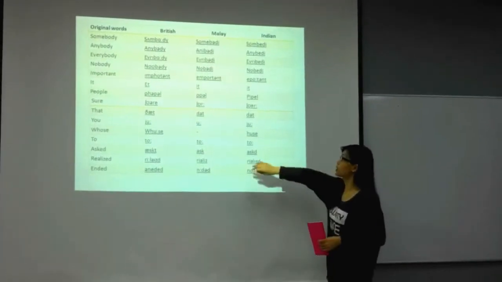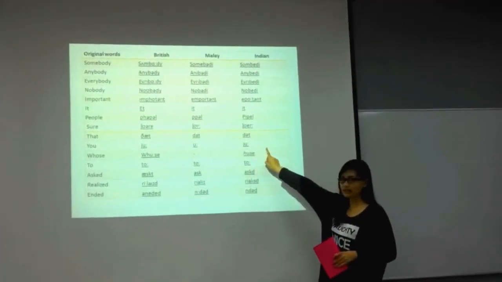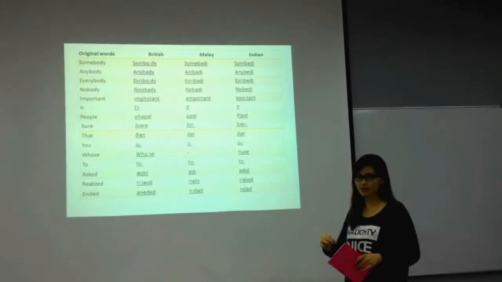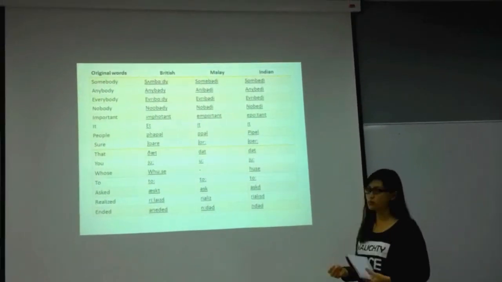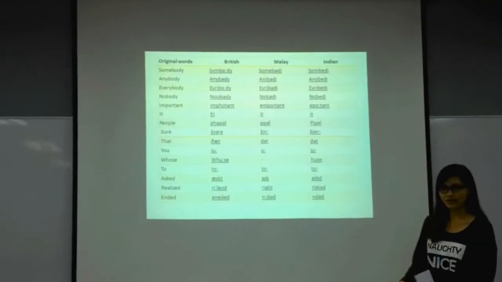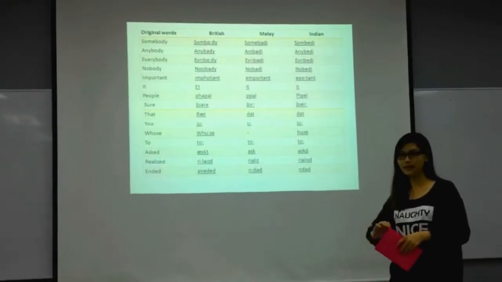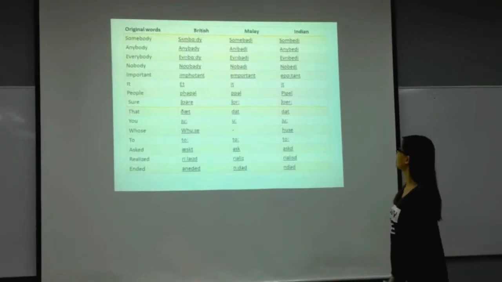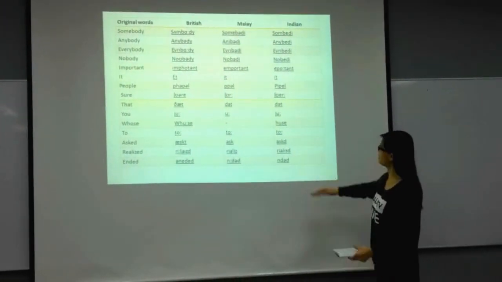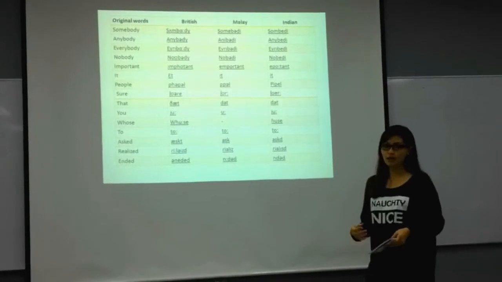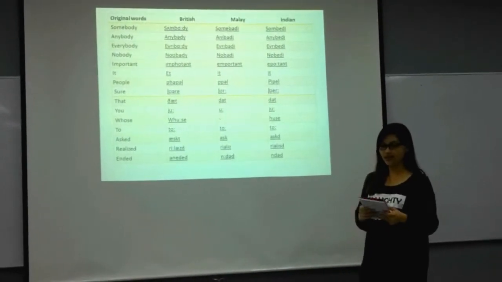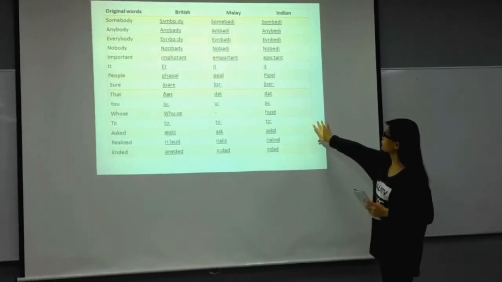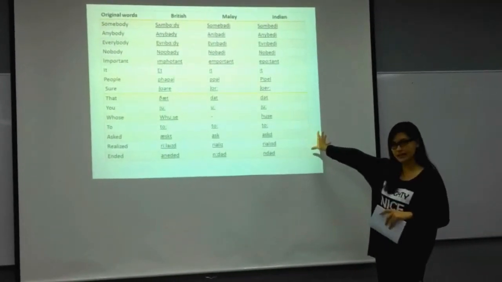Instead of using the sound Y after the D, she uses the sound I. And she doesn't stress on the Y. She stresses on the D. And the way she pronounces it is really flat. And for the Indian, he pronounced it as somebody, so he is stressing on the word body.